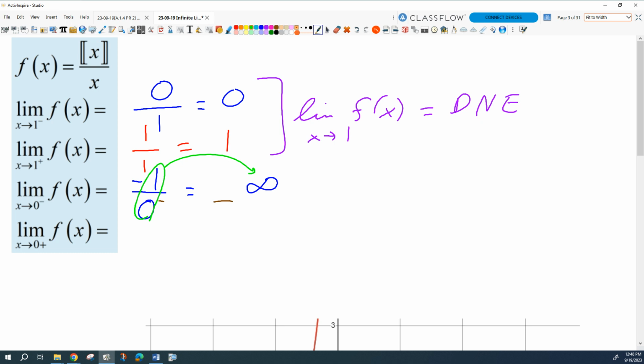A number divided by 0 always corresponds to some infinite result. Now, what about the sign? Well, the sign is going to be that on the top and that on the bottom. Negative divided by negative is positive, right? So we get positive infinity. Okay, everybody agree?